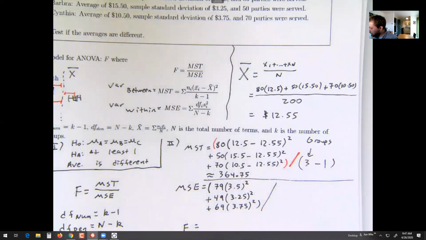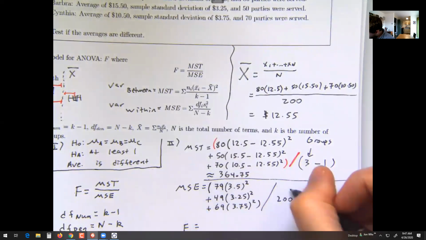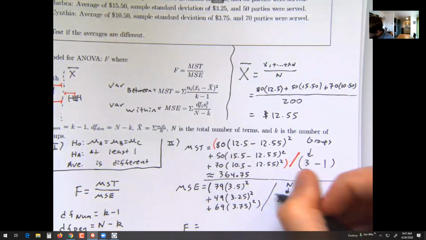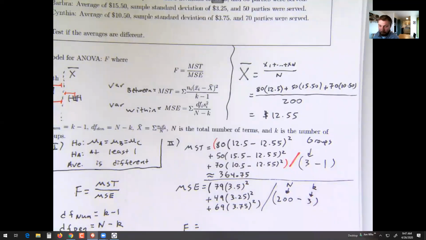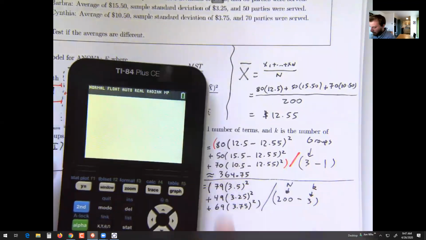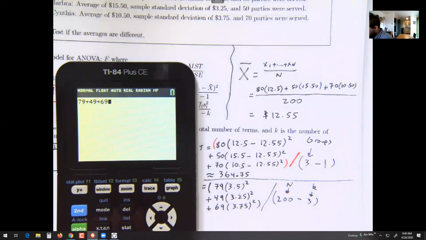I'm going to divide this by the total number of values. So if I added all of the tables up, I had 200 tables, minus the number of groups, I have 3 groups. Now, just a note here, I want to show you what's going on. If I do 79 plus 49 plus 69, this gives me 197.